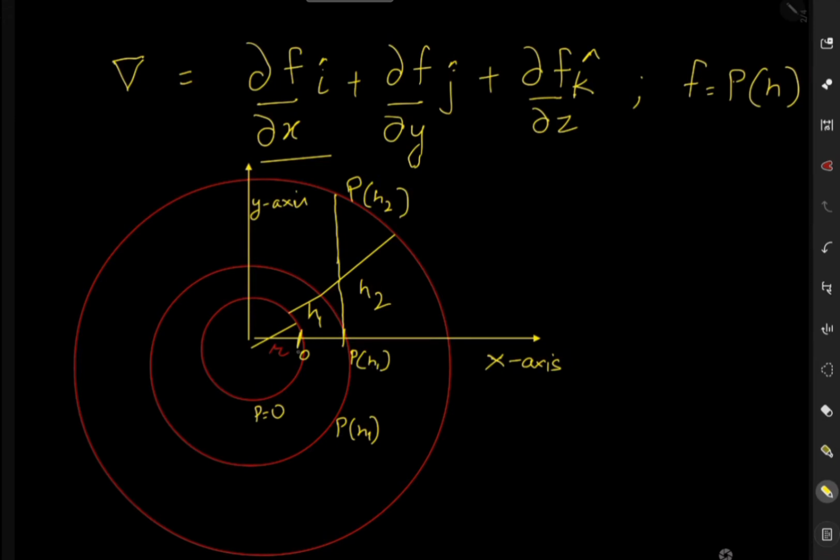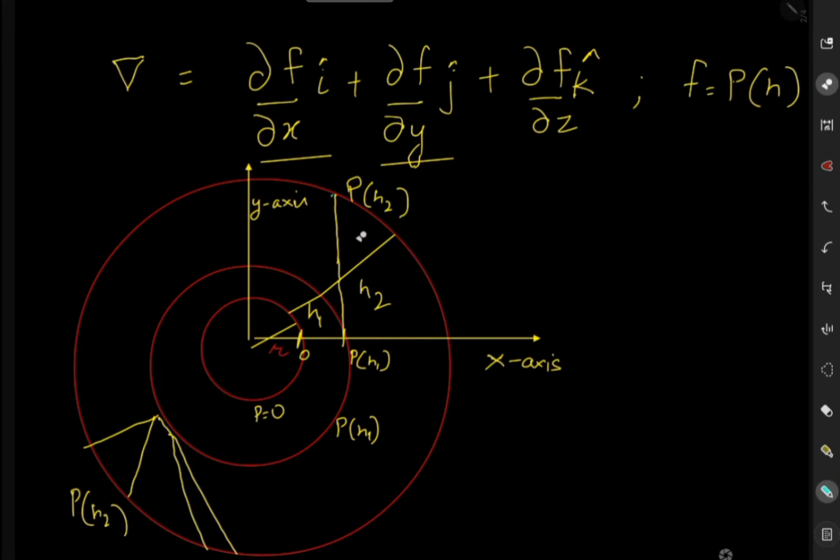From here only, not starting from 0 but from P(h1). If we further move some distance in the direction of y, the potential gain will be P(h2).